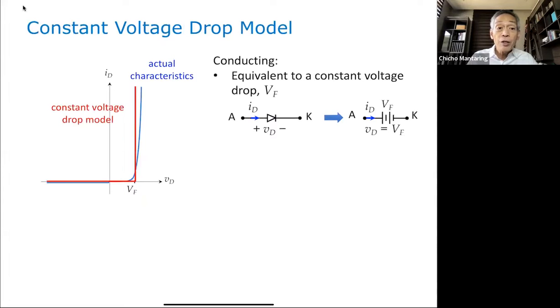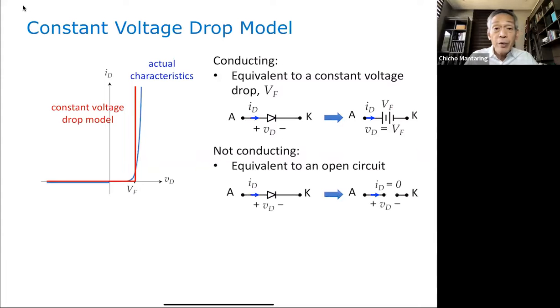When the diode is conducting, it's equivalent to a constant voltage drop. So if this is the diode circuit element and it is conducting, then it's just equivalent to a constant voltage drop. The voltage from A to K will be a constant voltage equal to V sub F, where V sub F is the forward voltage of the diode. On the other hand, when the diode is not conducting, it is equivalent to an open circuit.